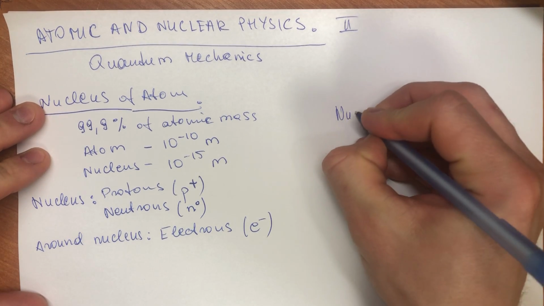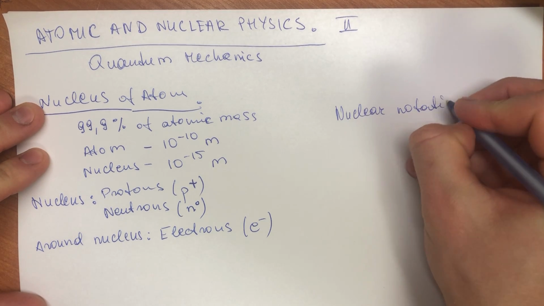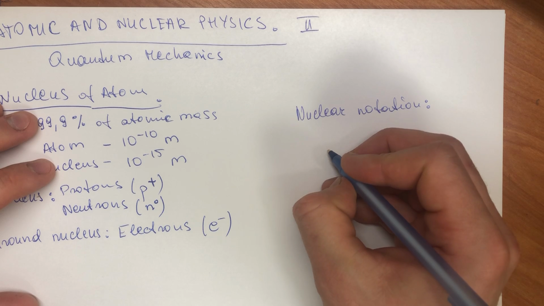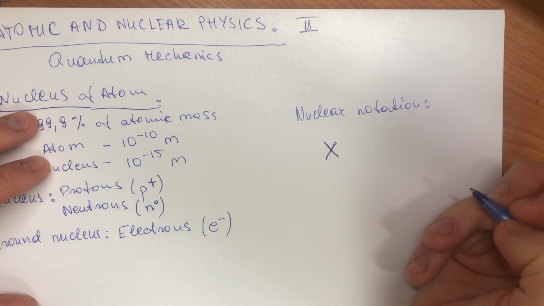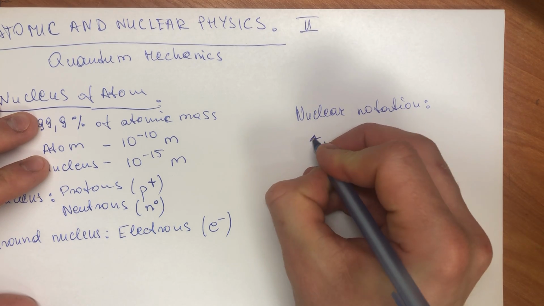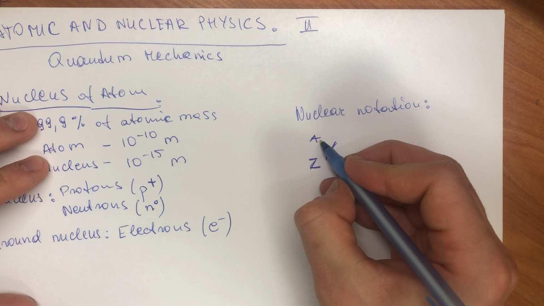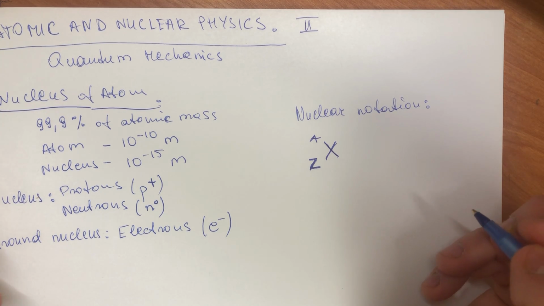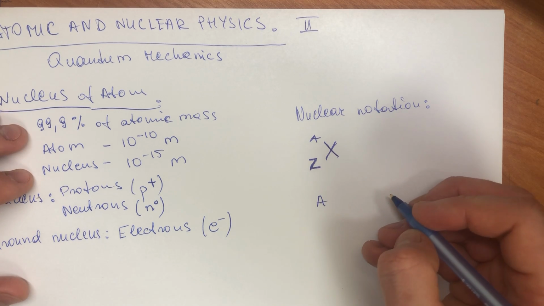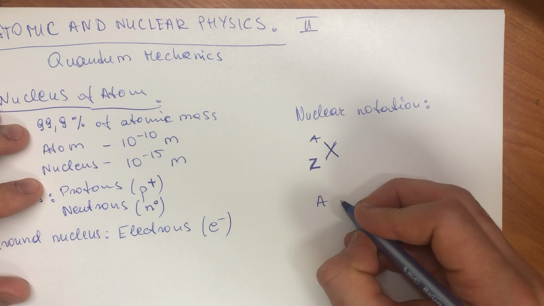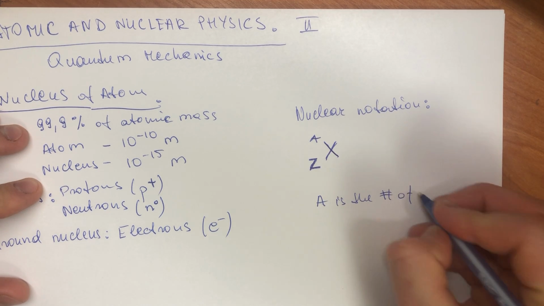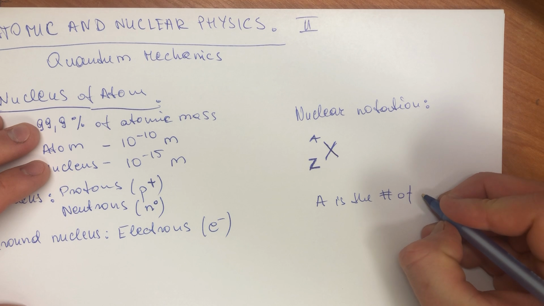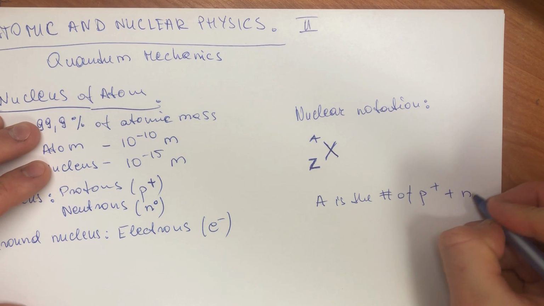So, nuclear notation is the chemical element marked with X, and it has A as a superscript and Z as a subscript. A is the number of protons and neutrons.